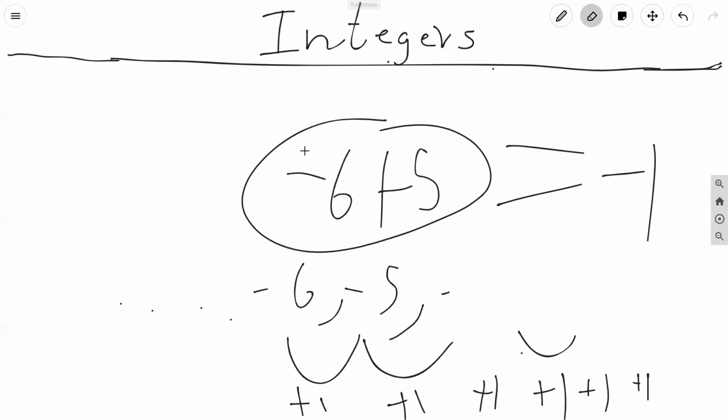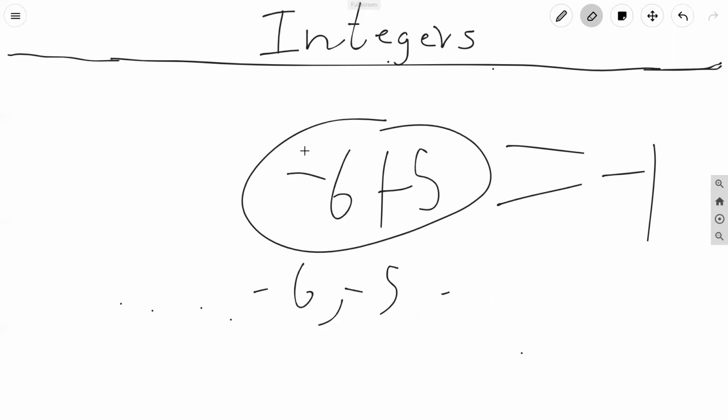Now, there's an even easier way than this too. Let me show you that. There's an easier way to calculate integers. If these signs are different, you can just subtract.